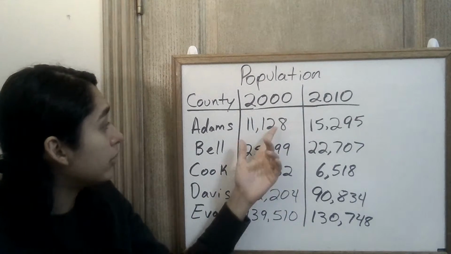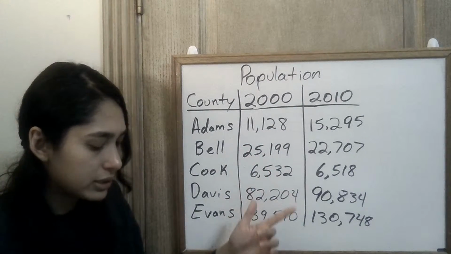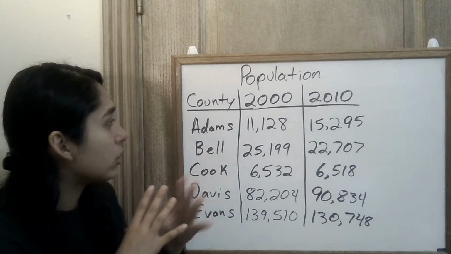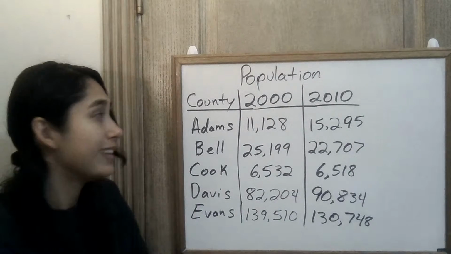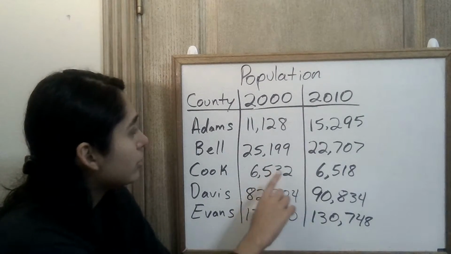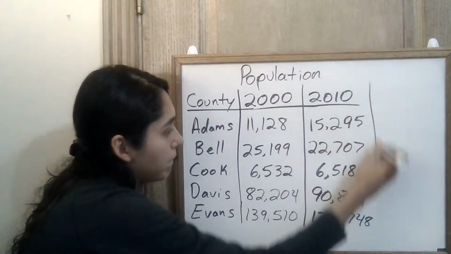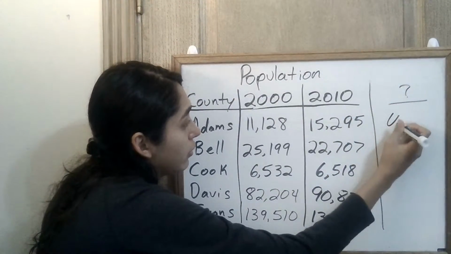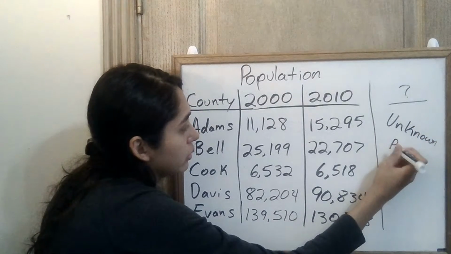So then, let's say we also want to see what are some other areas that we could... So here we have our unknown predictions.